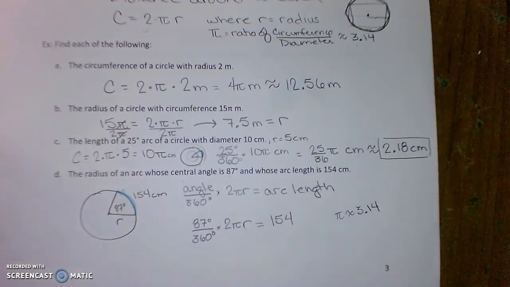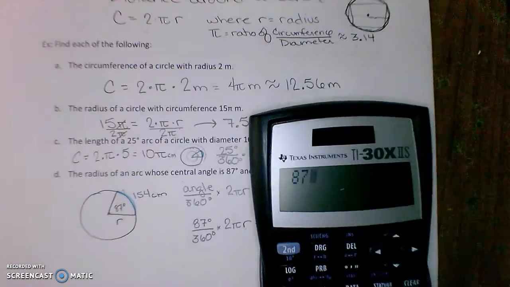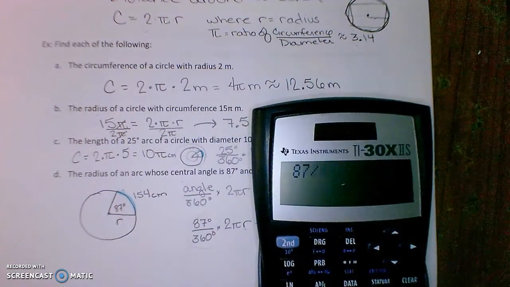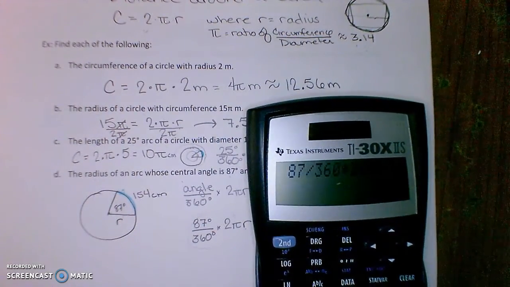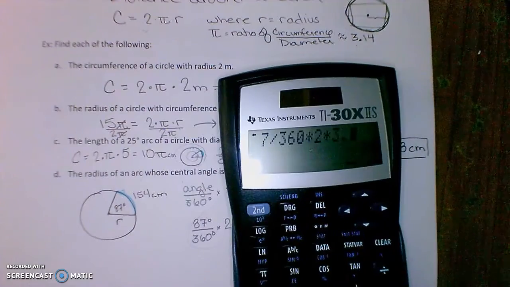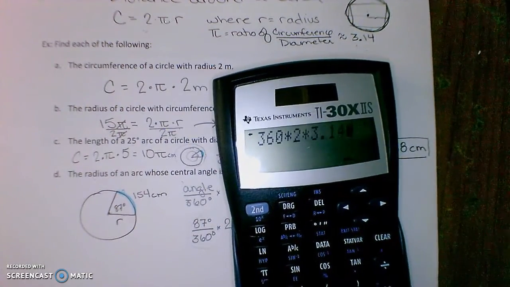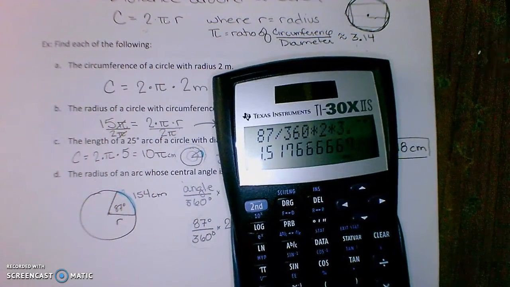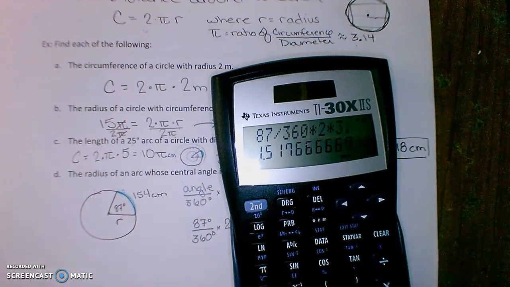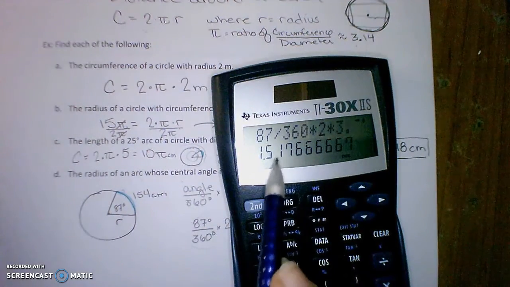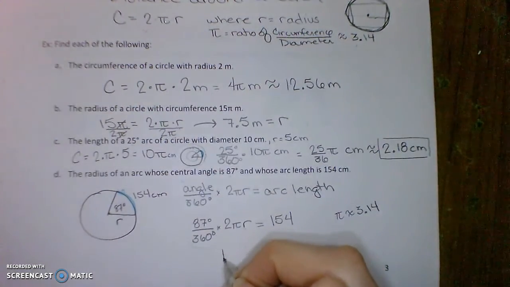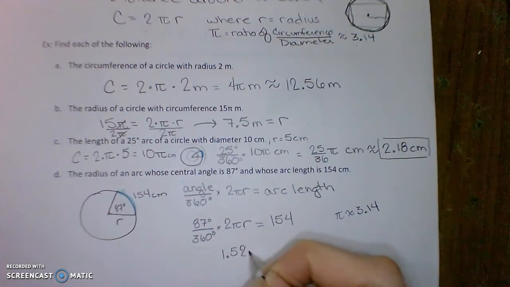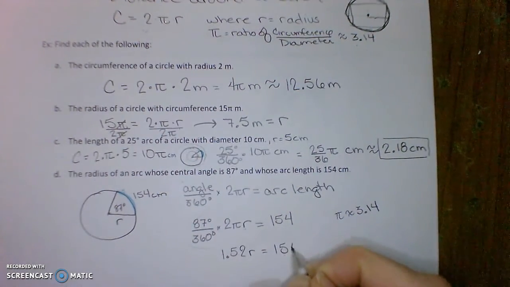So 87 over 360 times 2 times 3.14 gives us approximately 1.5, and I'll round the hundredths place to 2 there, so approximately 1.52 r equals 154.